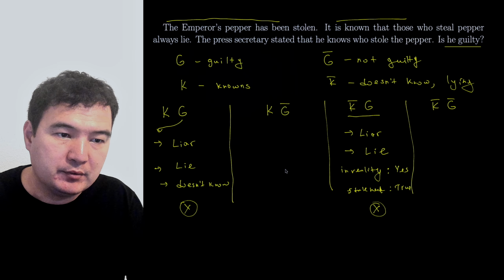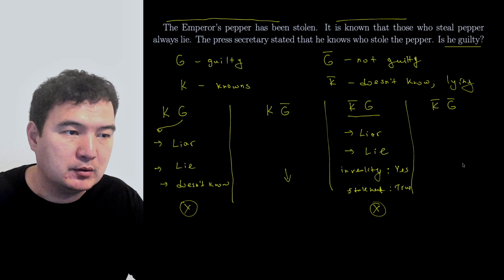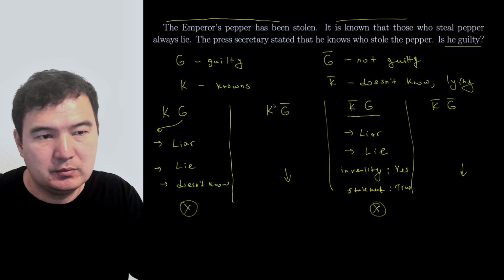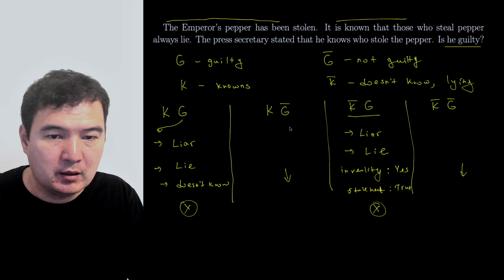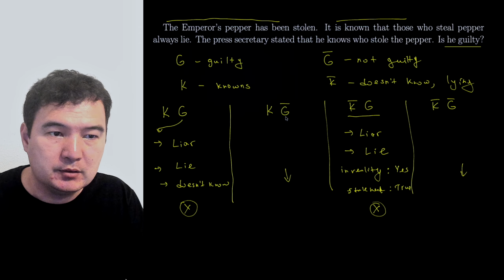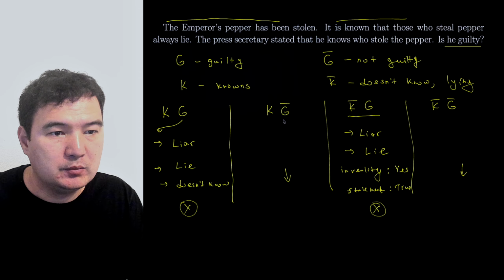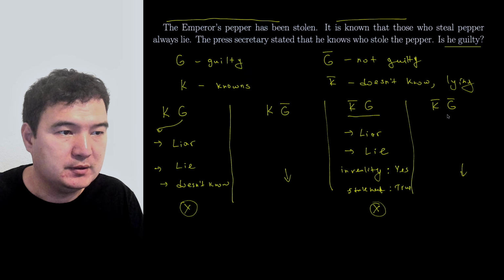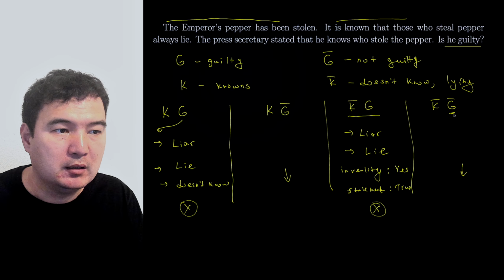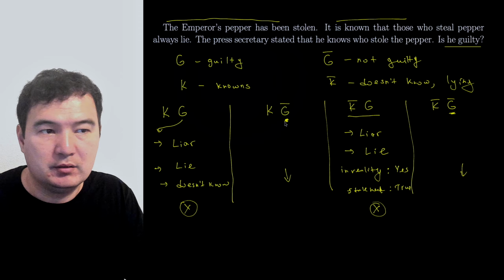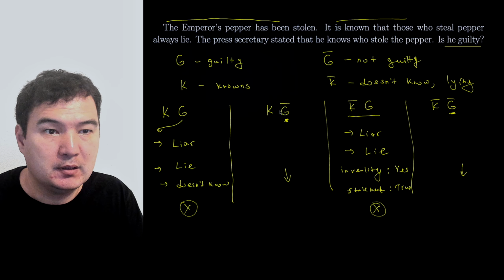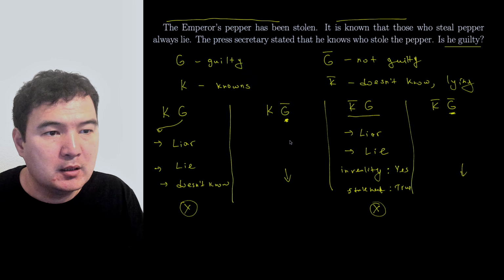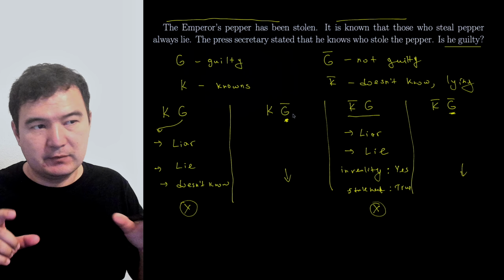So we are left with this or this. If you work out these two cases, you don't even need to, because in both of the scenarios, the press secretary is not guilty. So this is a very simple idea.